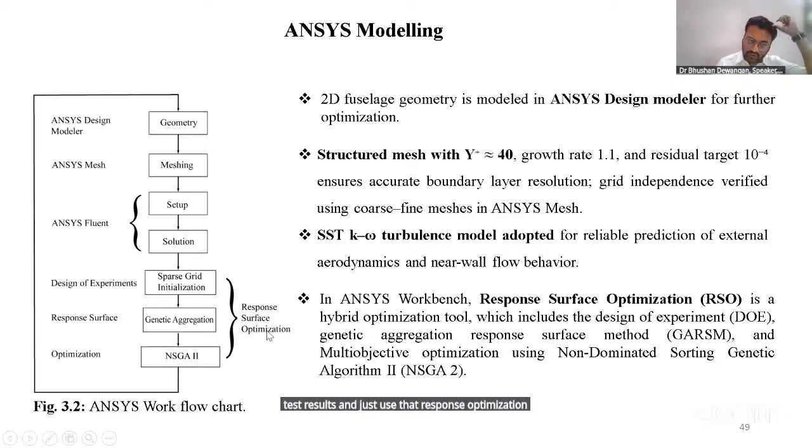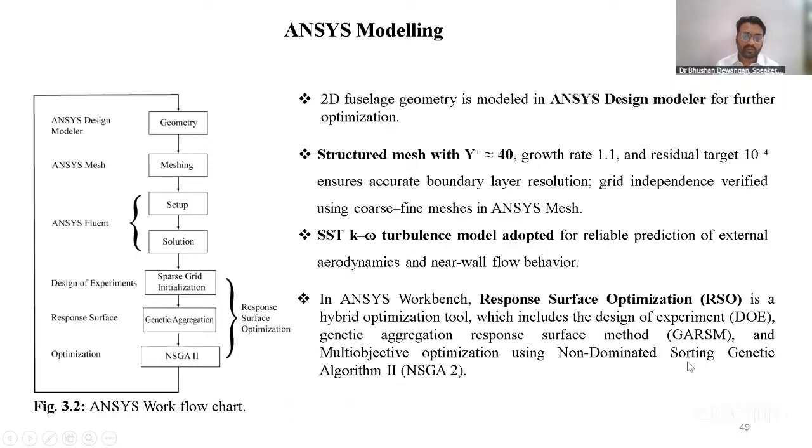I found that this response surface optimization did great, and we used the concept of design of experiments, then the genetic aggregation response surface method, and multi-objective optimization using the non-dominated sorting genetic algorithm.